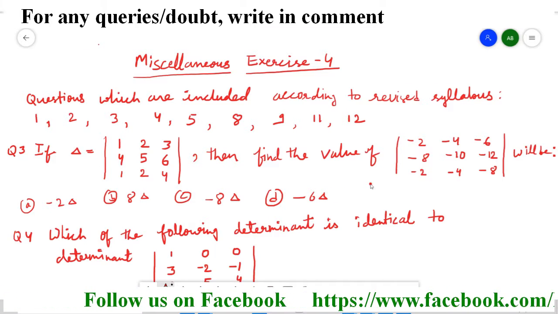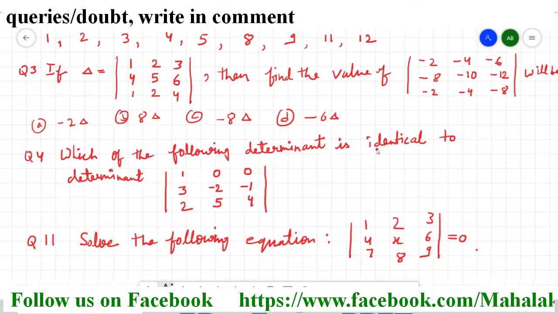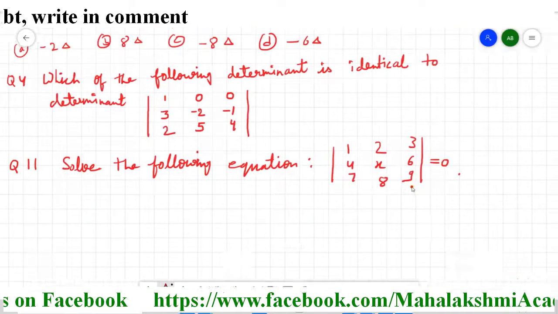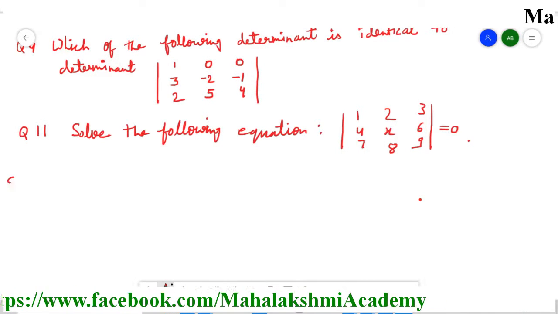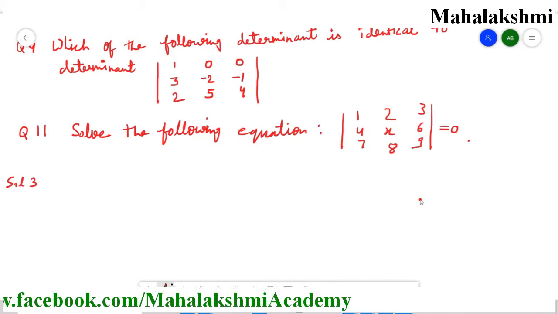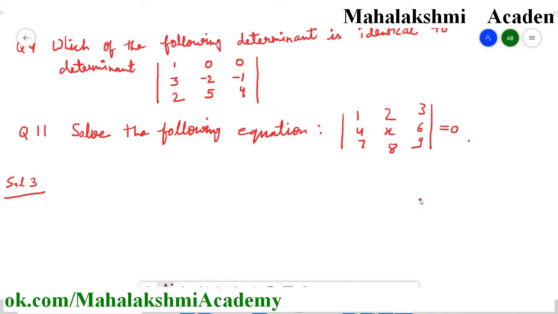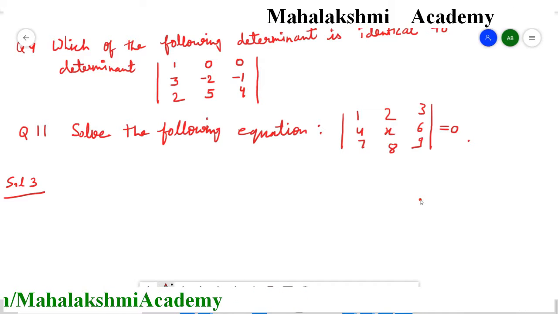So we'll solve this. Now we'll start the solution of the third question of the miscellaneous exercise. So, solution of question number 3. First we'll write what is given to us.